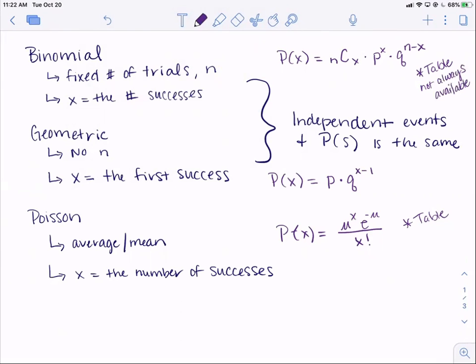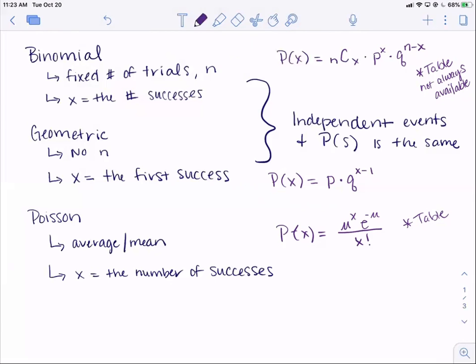It's only when p is either 0.01 or something with an increment of 5. So 0.05, 0.1, 0.15, 0.20, and continuing up to 0.95. Okay, so we're going to look at 3 examples, and we're going to determine which of the distributions we're using.